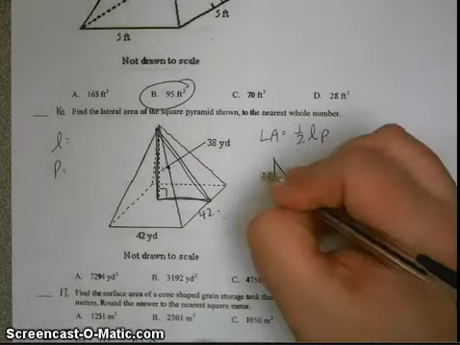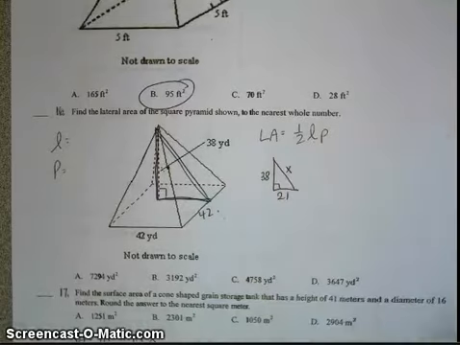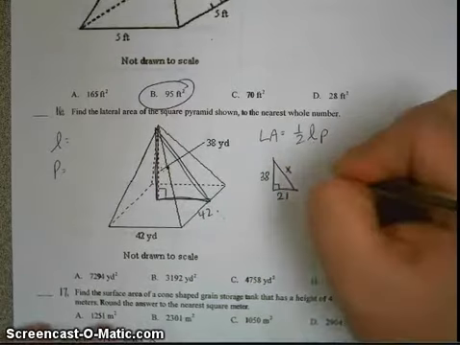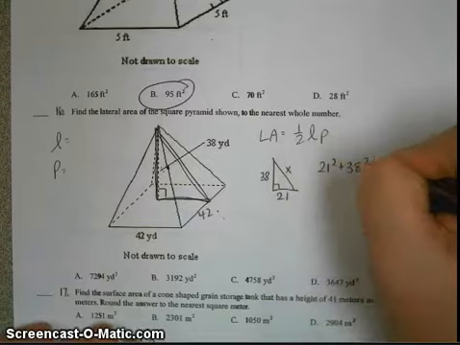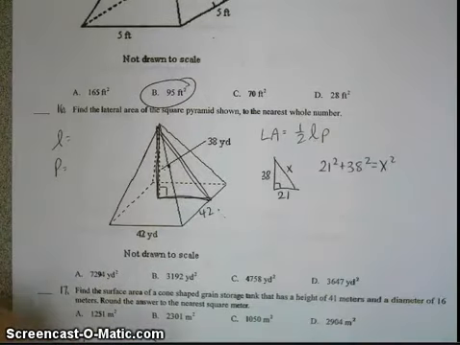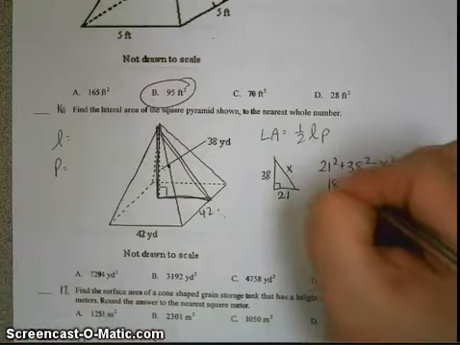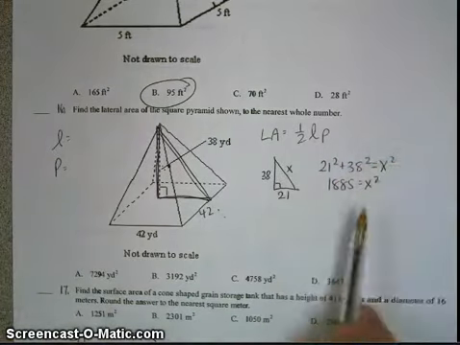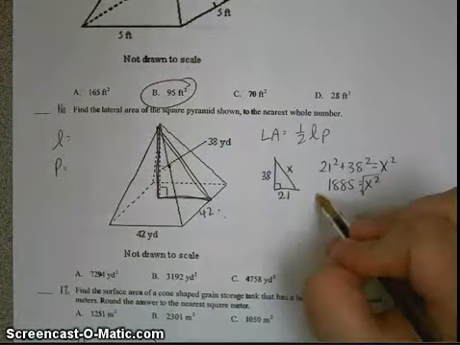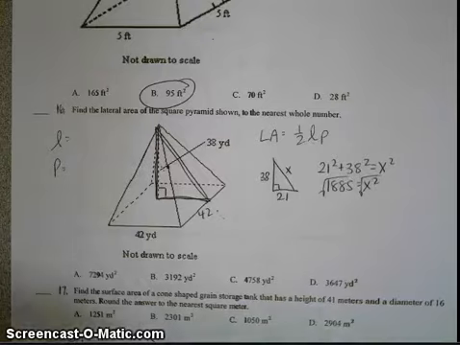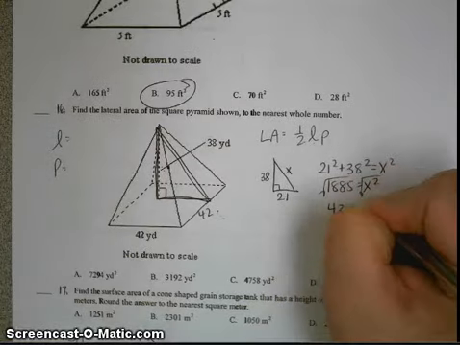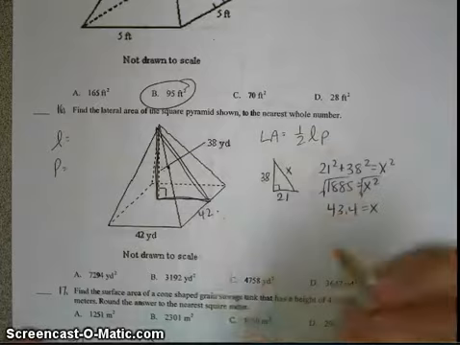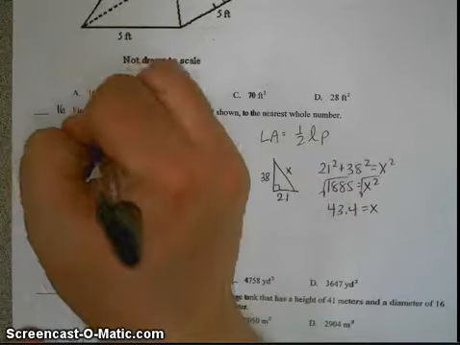Central height is 38, and I need the slant height. So we're going to use Pythagorean theorem. 21 squared plus 38 squared equals x squared. So 21 squared plus 38 squared is 1885. Now, in order to get x, I'm going to take the square root of that number. And I get 43.4. So now I know my slant height is 43.4.